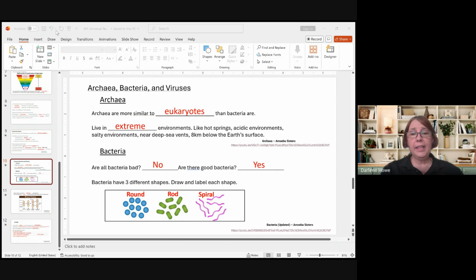Okay, and they can also live 8 kilometers below the Earth's surface. Nothing else lives 8 kilometers below the surface. That's insane, right? So archaea are really extremely cool organisms, and they live in very extreme environments. Okay, so remember that for the exam.